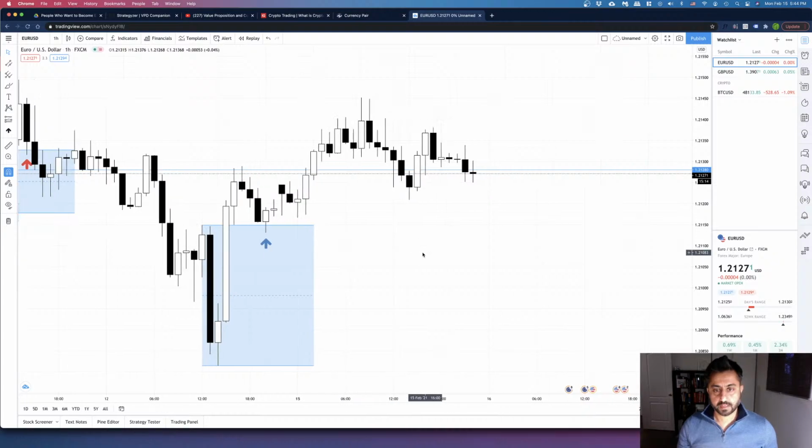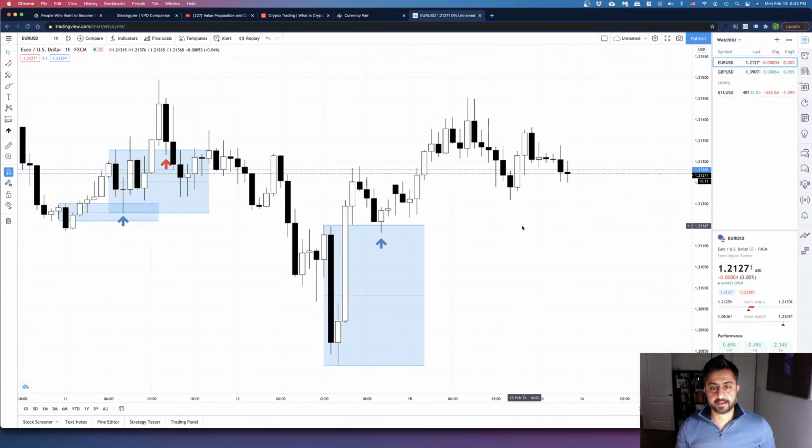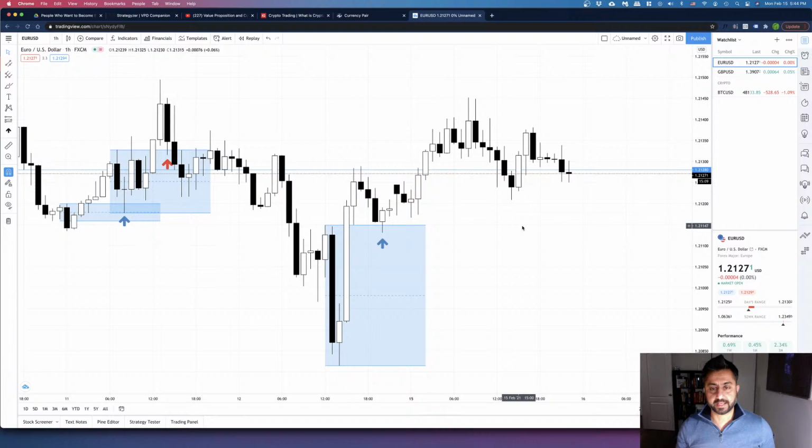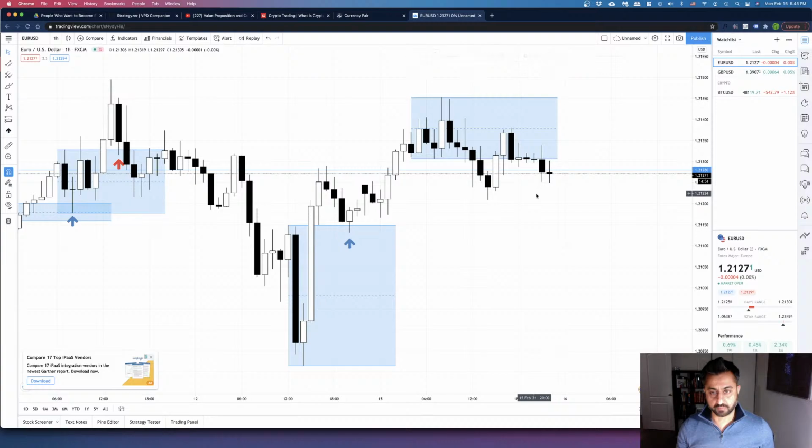Now today, on Monday, I looked at a few things. I looked at the overall support on the 1 hour, and I had a bias from the daily, which was showing me that the market wants to temporarily go down.